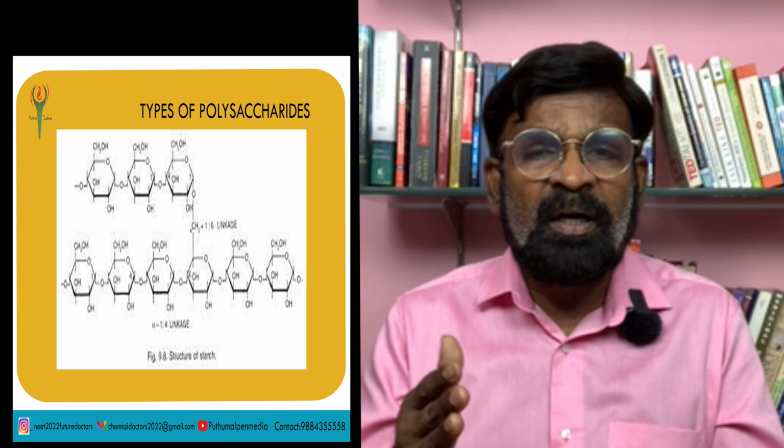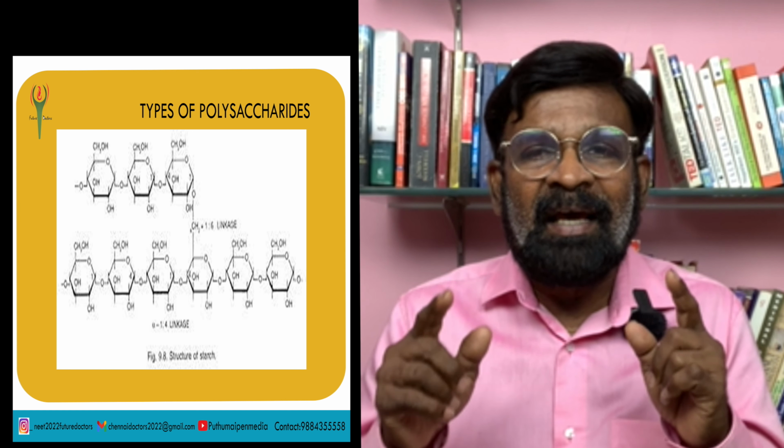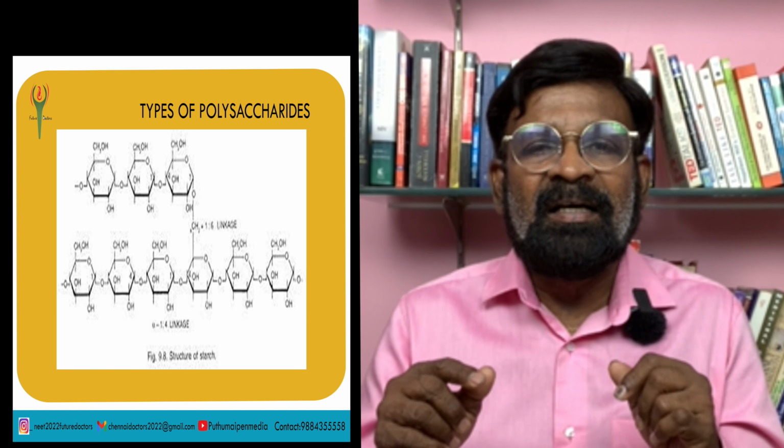Next, let us look at the heteropolysaccharides. These are complex carbohydrates formed by polymerization of two or more types of monosaccharide monomers. Examples: chitin, pectin, peptidoglycan, hyaluronic acid.